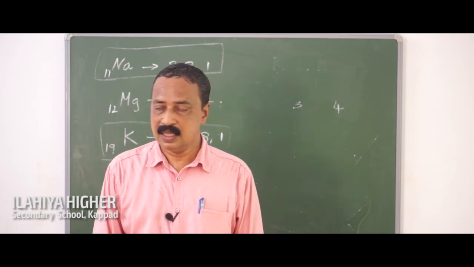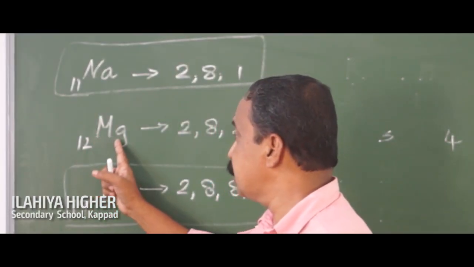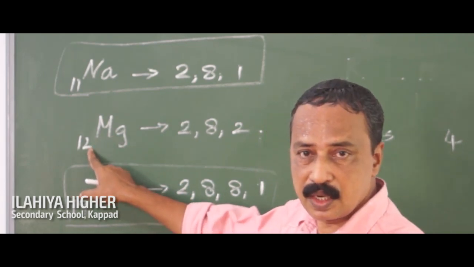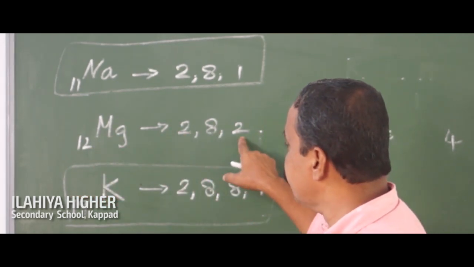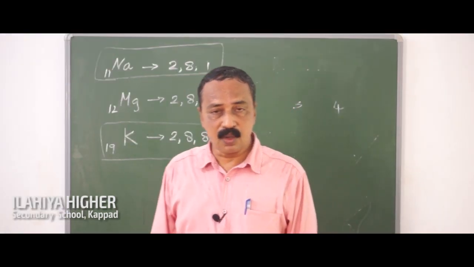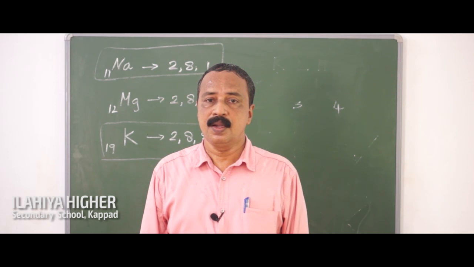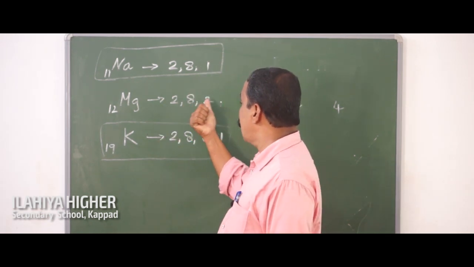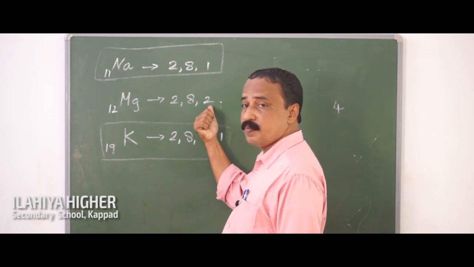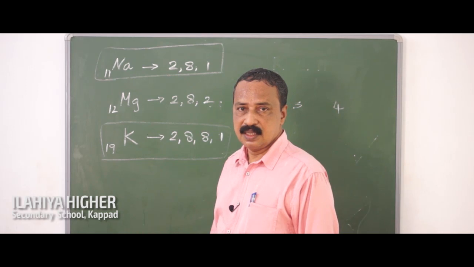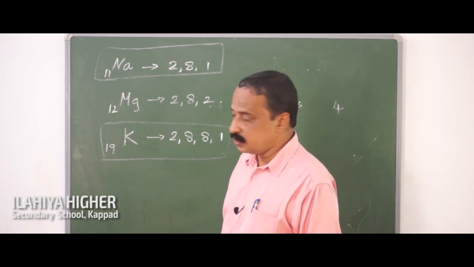Here, magnesium, atomic number 12, electronic configuration 2, 8, 2. It belongs to the second group of the periodic table, and the third period.